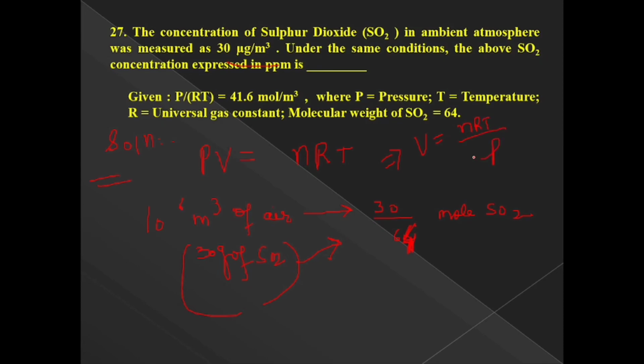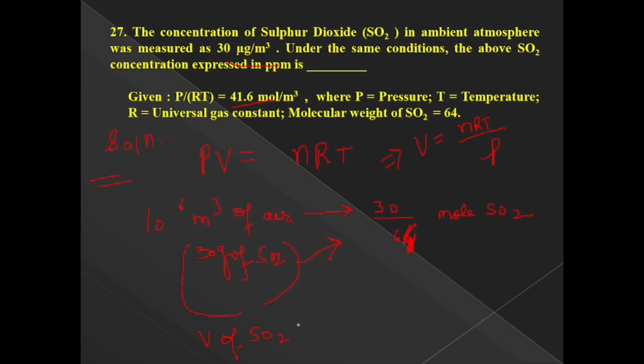Okay, so as we know that n is equal to 30 by 64 and P by RT is given as 41.6 mole per meter cube. So from here we can easily calculate the volume of SO2.